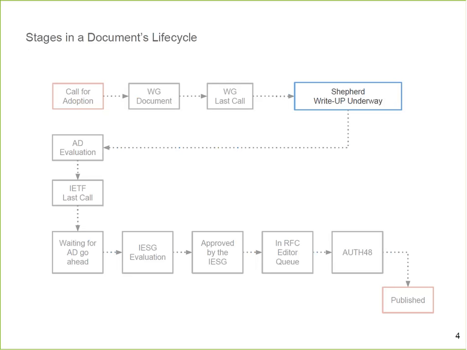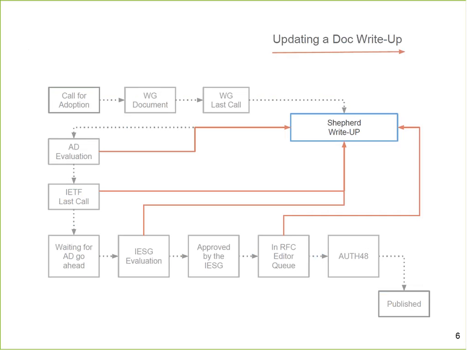If we take a look at the stages in a document life cycle, the shepherd write-up is underway after the working group last call and before the AD evaluation. We believe this write-up should be updated during the process.